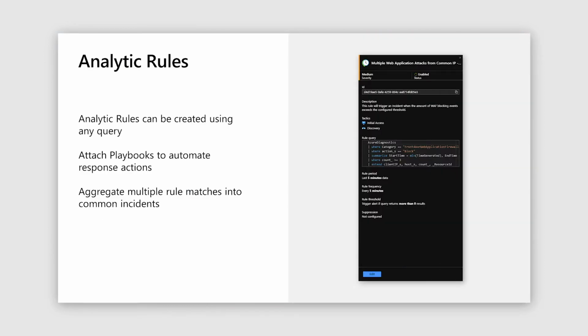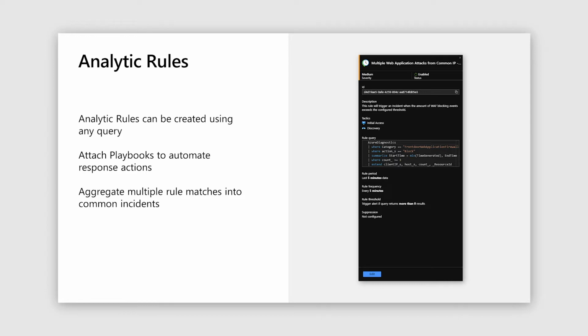Another way to use the data that is in Sentinel is to create analytic rules. Analytic rules are essentially the alert rules that Azure Sentinel uses to detect and create incidents from threats that we see. Essentially, all an analytic rule is a query within log analytics that runs on a schedule.